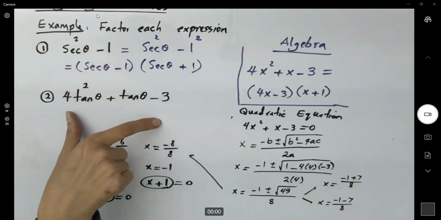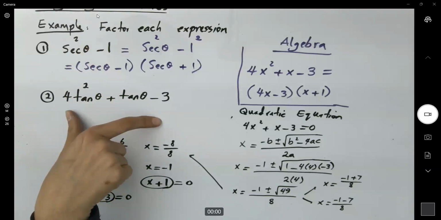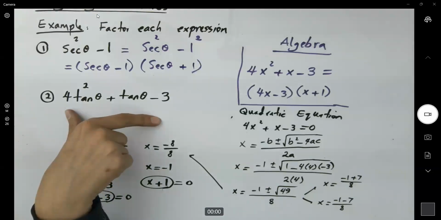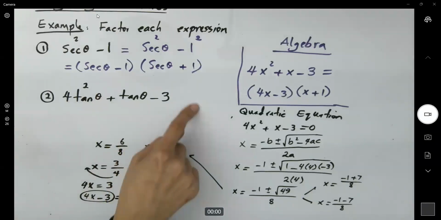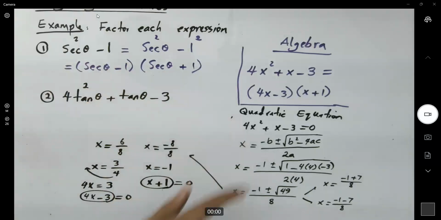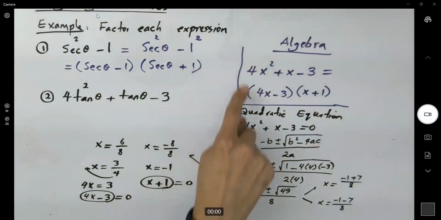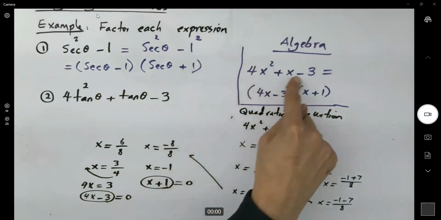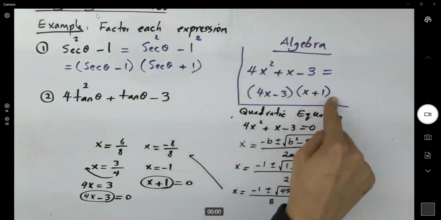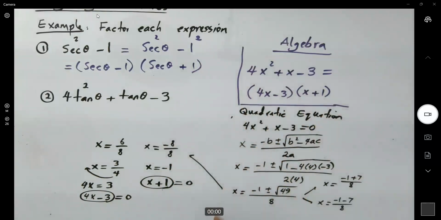So we're going to write this in factored form, and later on in the rest of the chapters, we're going to learn how to solve this trigonometric expression if you have equality on the other side. For now, our main focus is to write this in factored form. So going back to algebra, we know that 4x squared plus x minus 3 can be written as 4x minus 3 times x plus 1 using either the grouping method or the quadratic equation method.